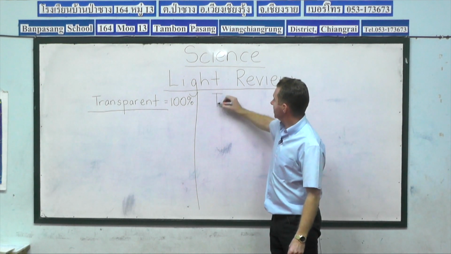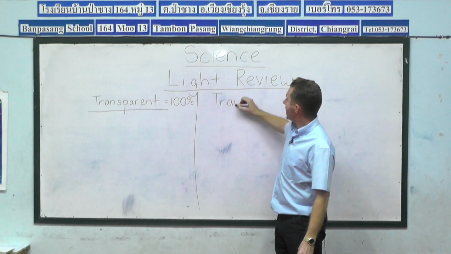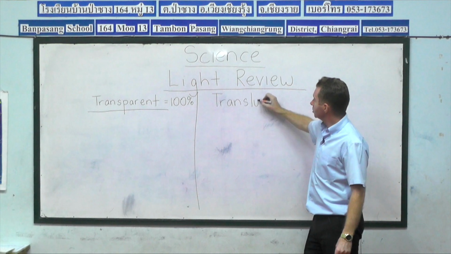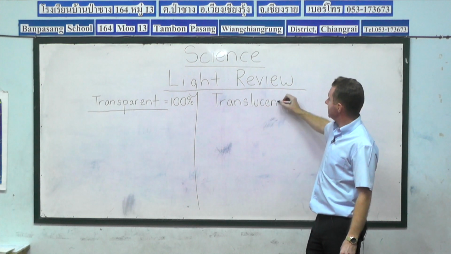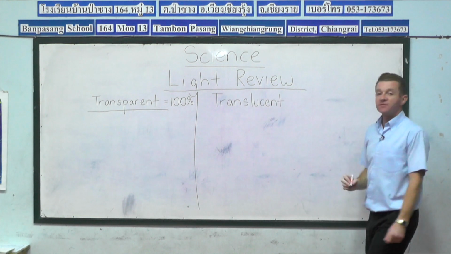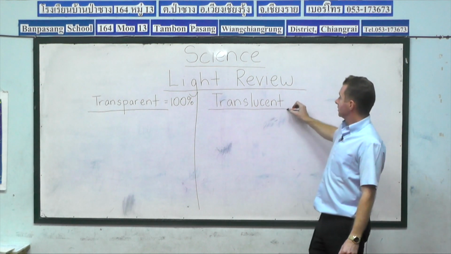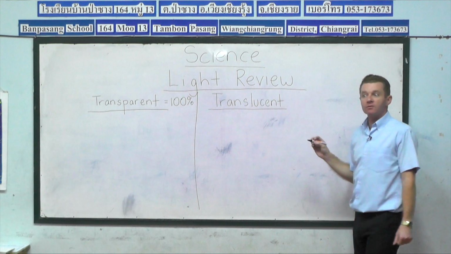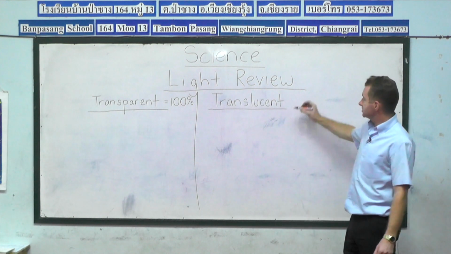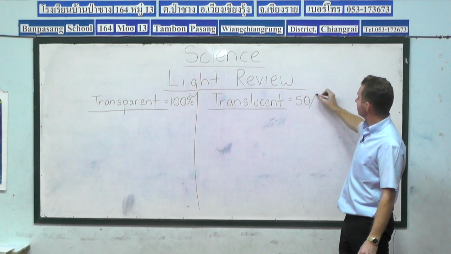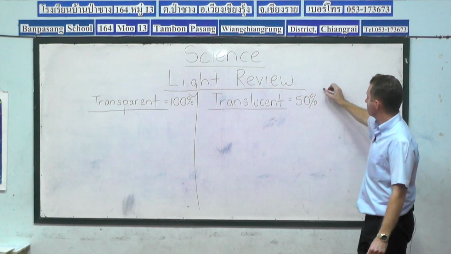T-R-A-N-S, but then L-U-C-E-N-T. So all together, guys, translucent. Can we say translucent? Yes. So we'll say translucent objects allow about 50% of light to pass through.